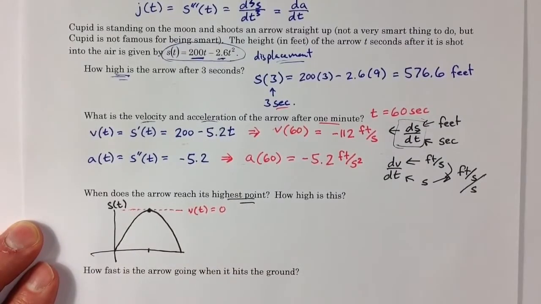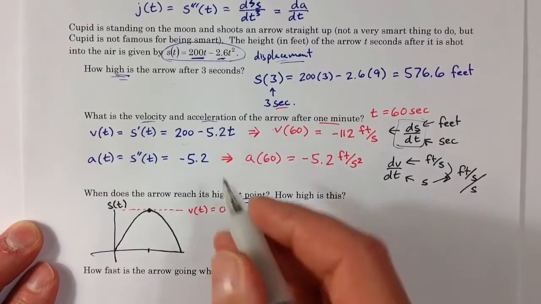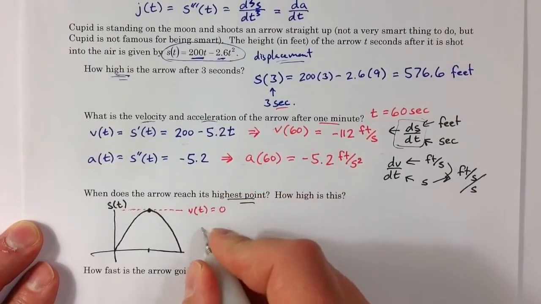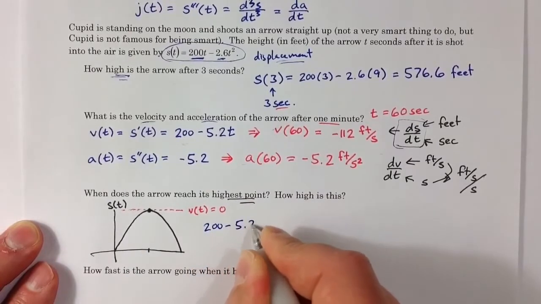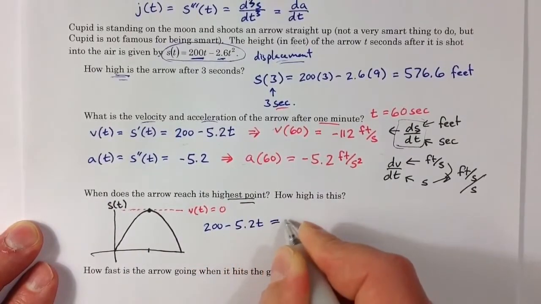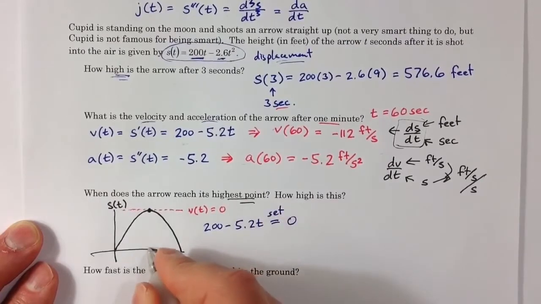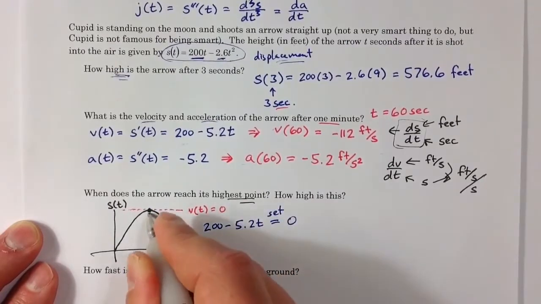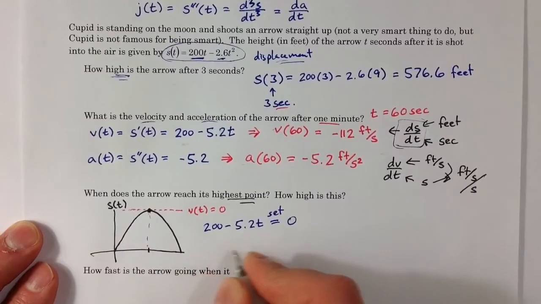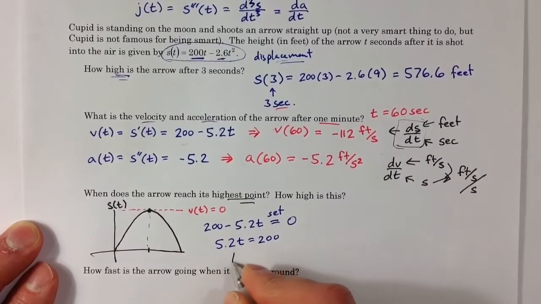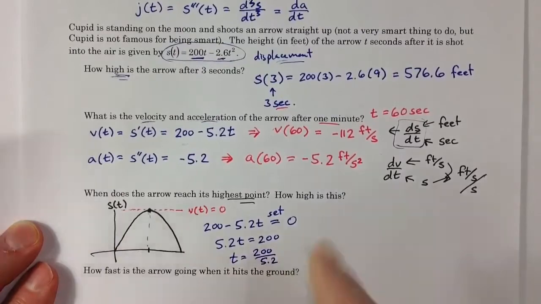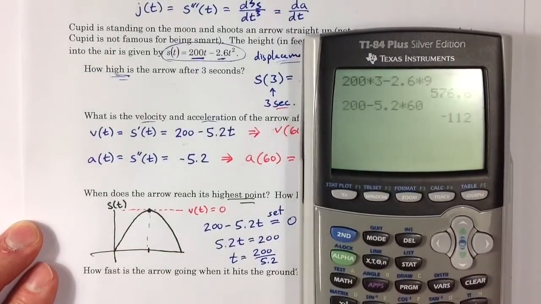So one way to think about where that vertex is, if we take the velocity function, 200 minus 5.2t, and set that equal to 0, that will tell us where this highest point is. And so we end up with 5.2t equals 200, and then dividing by 5.2 we get t equals 200 divided by 5.2. So let's see what that value is.